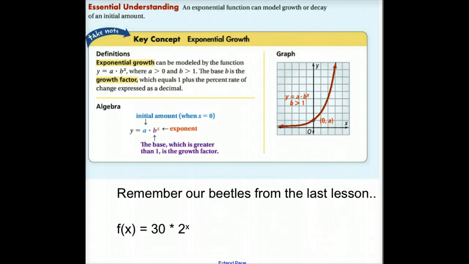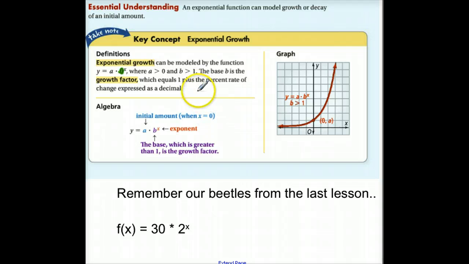If something is growing exponentially, exponential growth, the graph would look something like this. It would be going up positive to the right. It can be modeled by the function y equals a times b to the x, which we learned in our last lesson. However, the growth factor, our variable b, is the growth factor. In exponential growth, the growth factor equals 1 plus the percent rate of change expressed as a decimal.